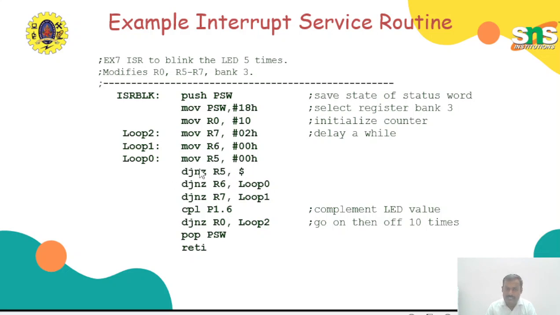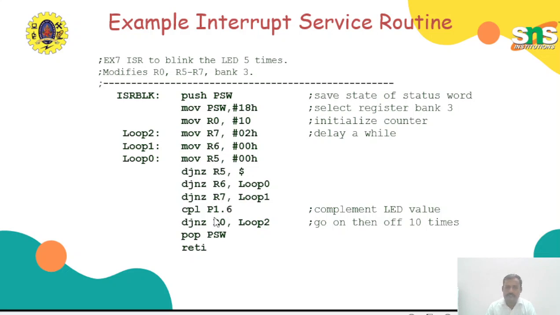The outer loop is R6, so R6 times this inner loop is repeated. The outer loop of that is R7. So these two loops, the R6 loop and R5 loop, will be repeated R7 times. Again, these three loops, the R5 loop, R6 loop and R7 loop, will be repeated R0 times.